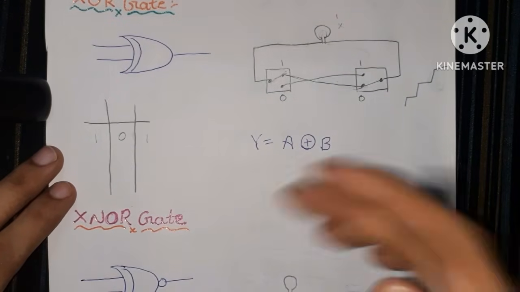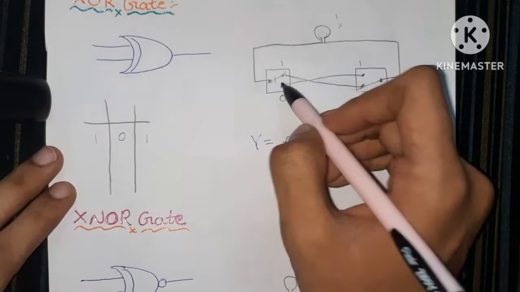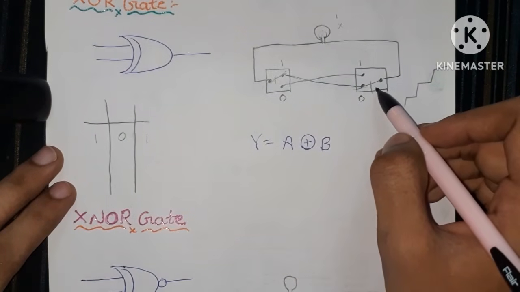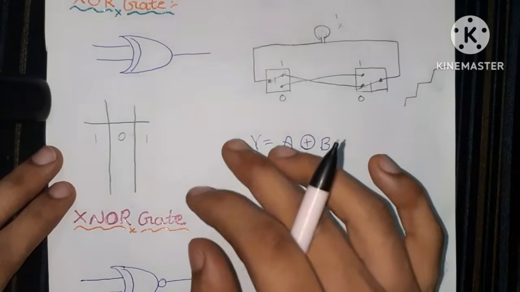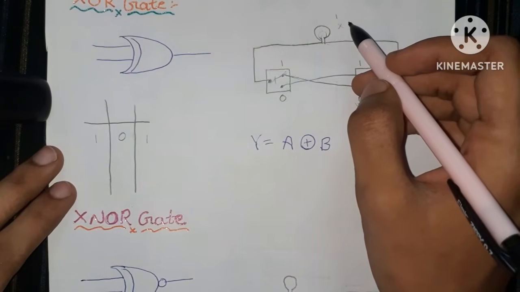Is it clear? Next, if we break this connection again, imagine it as a completely open circuit. Now this bulb is not glowing at all.